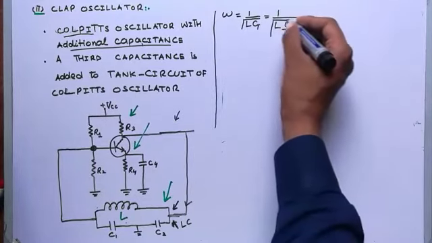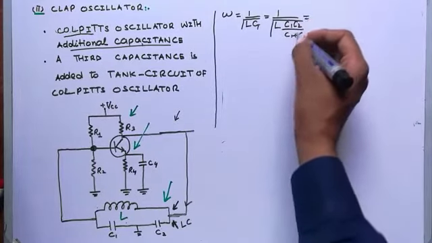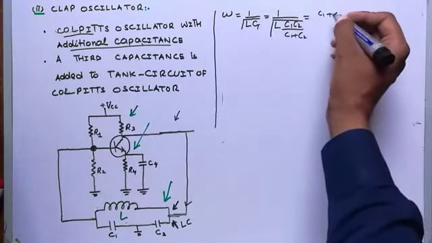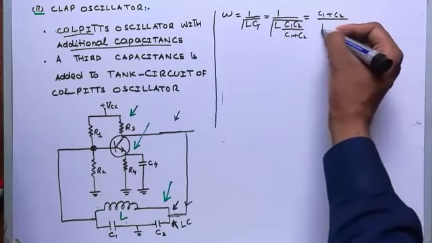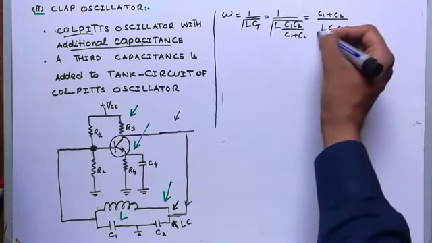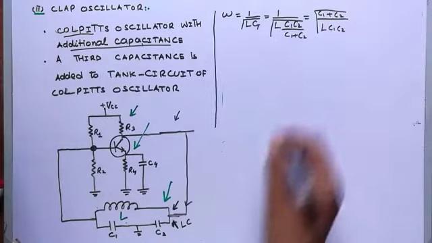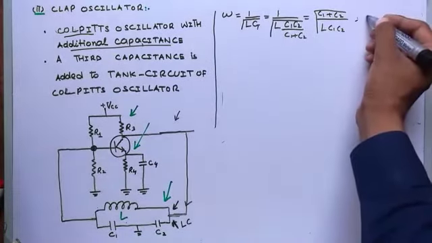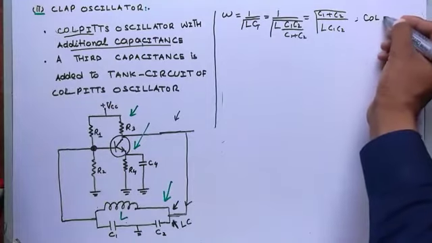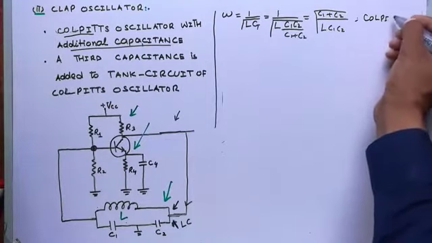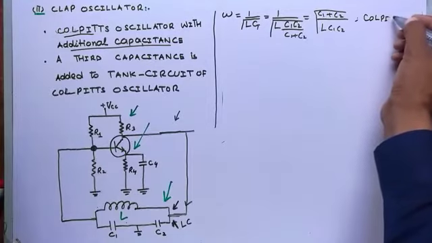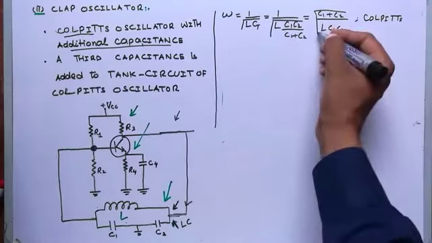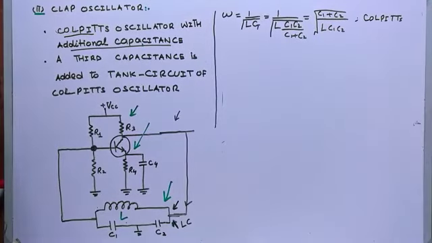Further, you can write this as the square root of C1 plus C2 over L C1 C2, and this is the oscillation frequency for the Colpitts oscillator.